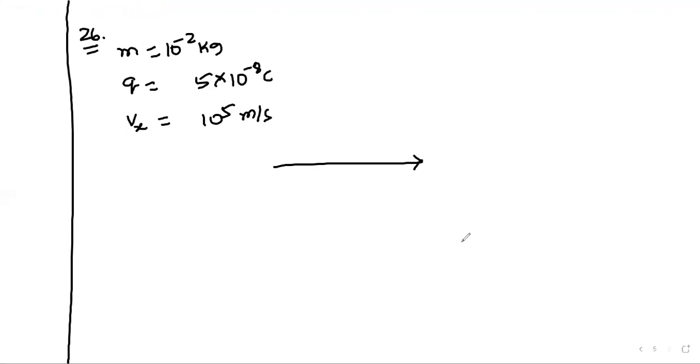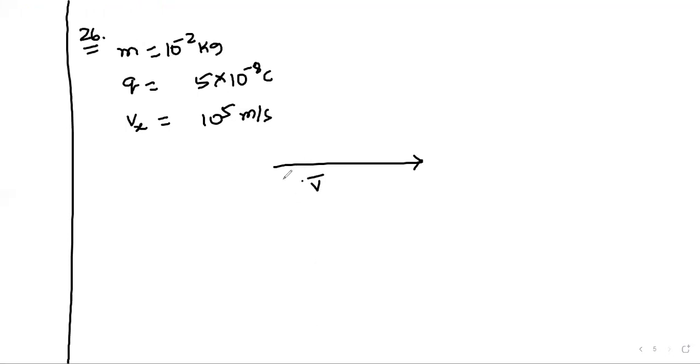E should be along the direction of velocity, that one is confirmed. Along the horizontal direction only it should be there, which means the magnetic field also in the same direction.